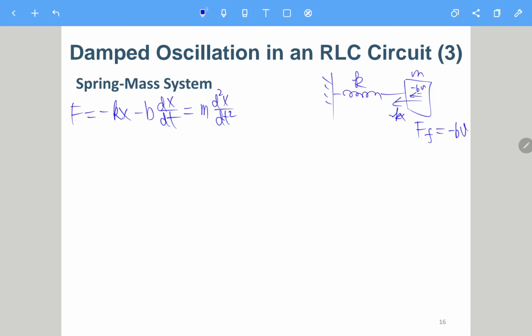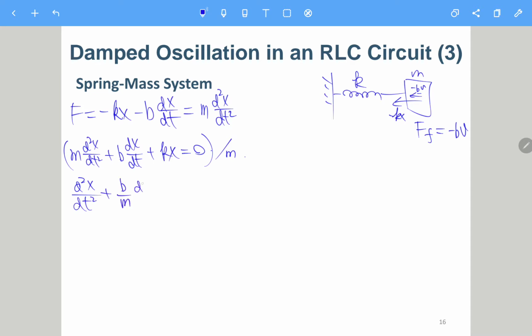Okay, so we can just rearrange the terms. We get m d2x dt2 plus b times dx dt plus kx equals 0. So we can just divide by m on both sides. We get the second derivative of x with respect to time plus b over m dx dt plus k over m x equals 0. Okay, so we get a similar second order ODE with constant coefficients.